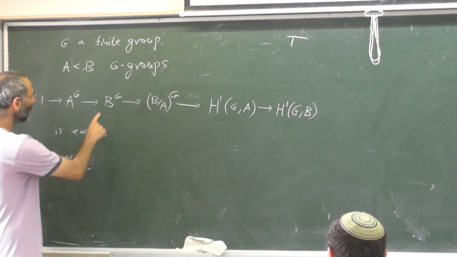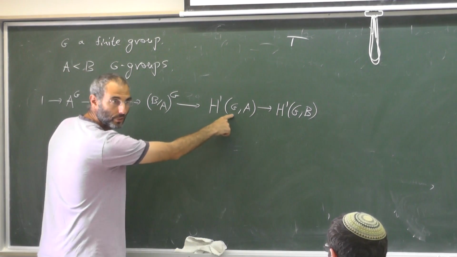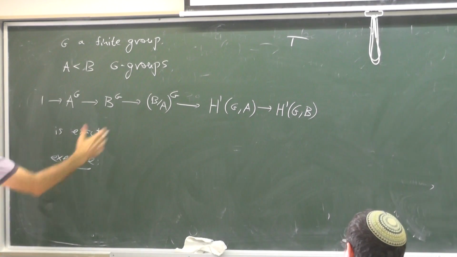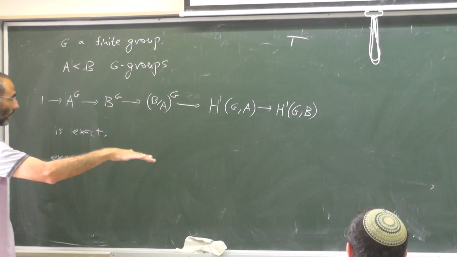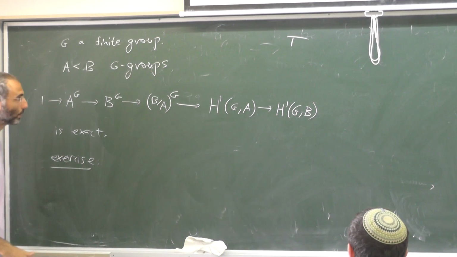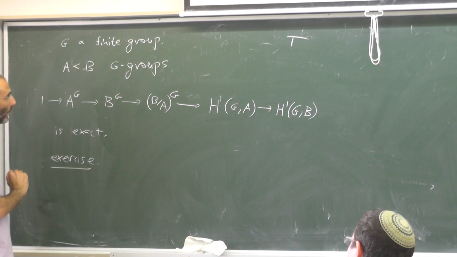And exactness means that the image here is the kernel, the pre-image of this standard action of G on the homogeneous space A, whatever.